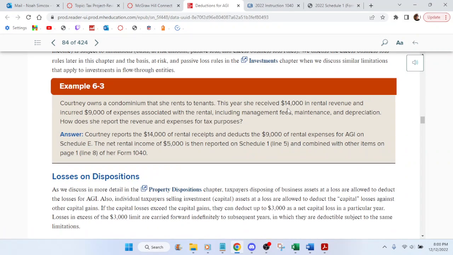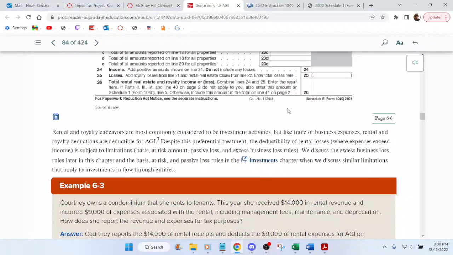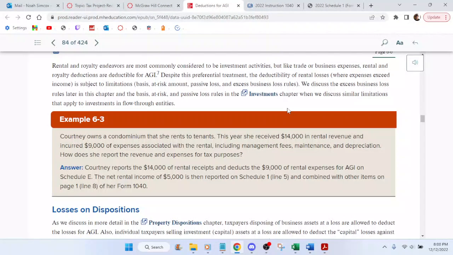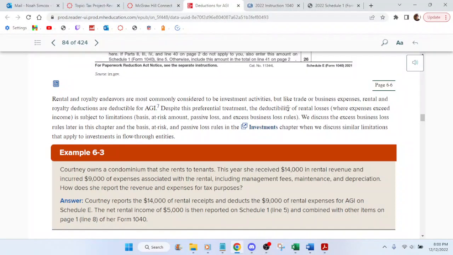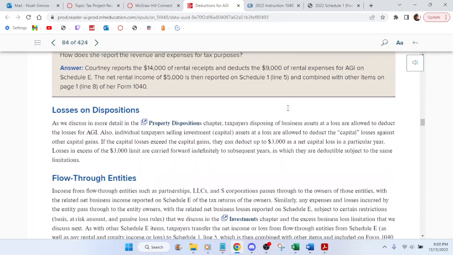So I think the long story short is because our AGI is too high, we don't include rental loss in the thing. Because our AGI is way over 150. So there's nothing included. Nothing. Dispositions. Okay, I think.